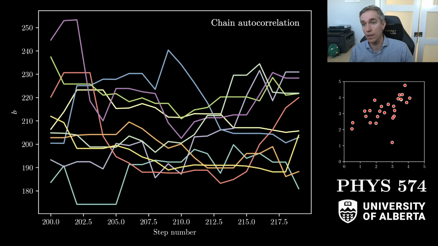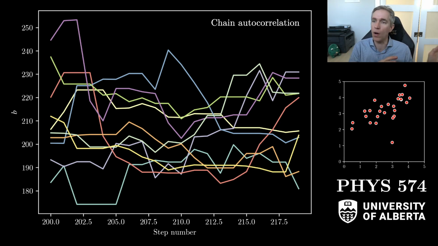Essentially you take the chain and slide it with respect to itself, multiply the chains, and look at how that decays away over time, to a point where, if the chain is slid far enough along, it will have no correlation with itself.